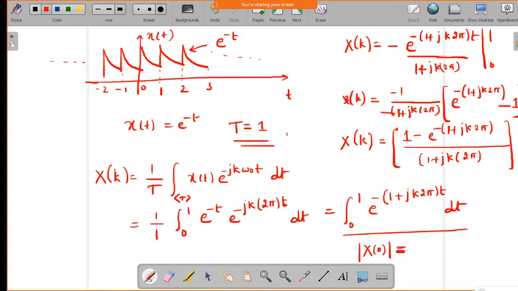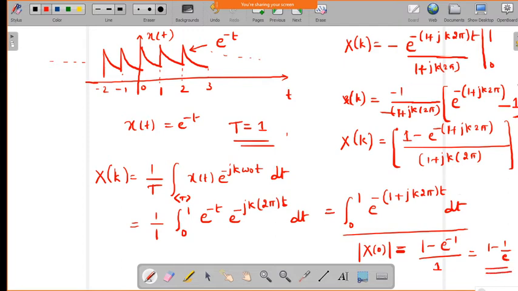You can find it out by putting the value of k equal to 0. So this will become 1. Sorry, here it is k equal to 0. It will be 1 minus e power minus 1 divided by 1, so this will be equal to 1 minus 1 by e. This is the value of x of 0.